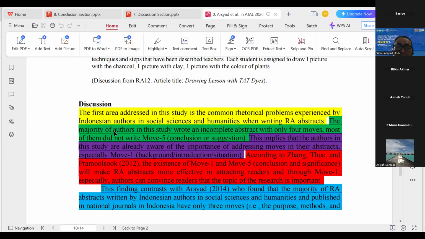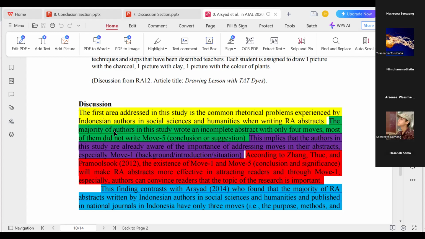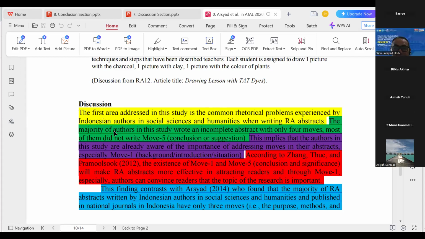So this is my interpretation of the results, the first result, responding to the first question. And then I have to support my interpretation with references, to make it strong and convincing.